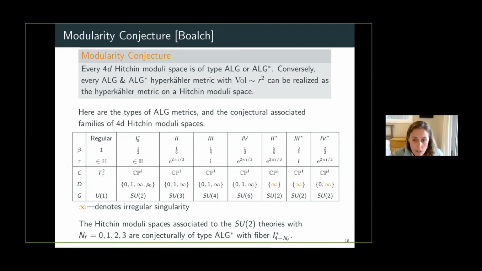Of course, what you start to see is that you might need to introduce wild Hitchin moduli spaces. These are places where the Higgs field has higher than a simple pole at some point. And in these last ones, you have an irregular singularity, a non-simple pole at infinity. But yeah, this would be the full version of this conjecture.